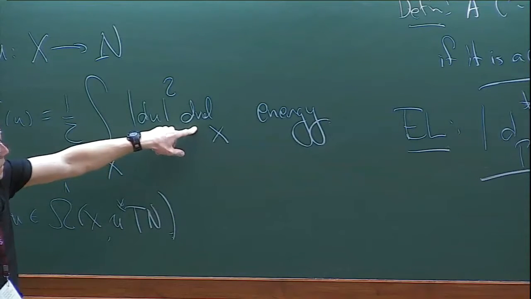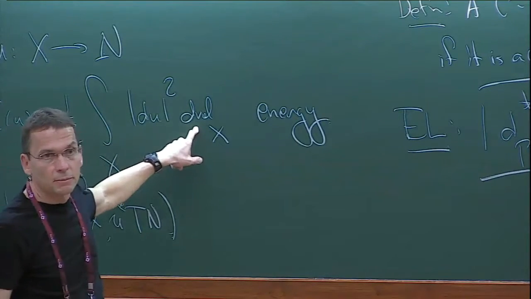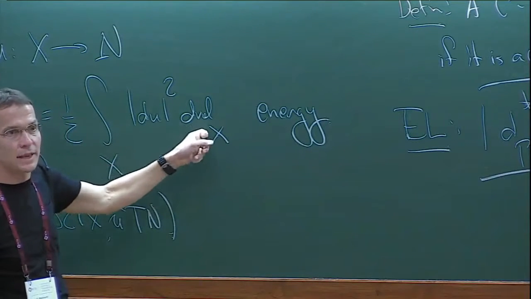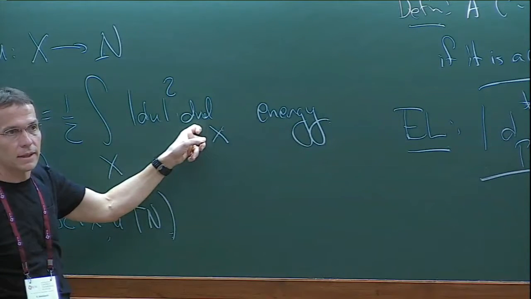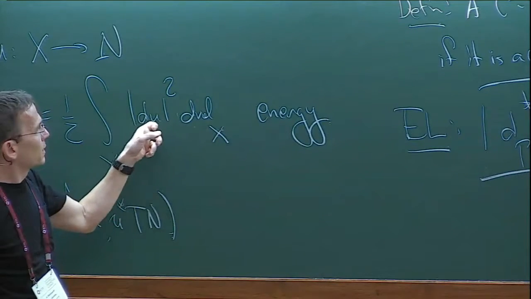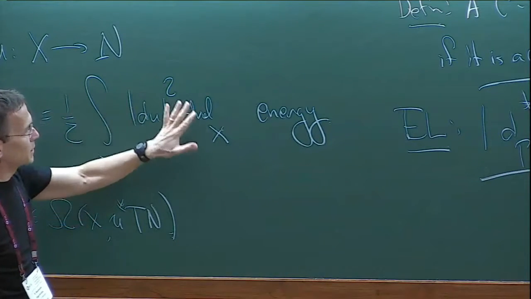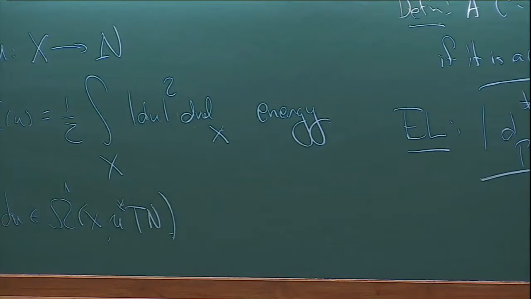So here I'm scaling the metric, and that scales the determinant by the square, but then the volume form is the square root of that. So the volume form scales like the metric scales. On the other hand, I'm contracting by the metric, so that's an inverse metric here. So scaling the metric does not change this integrand, and therefore it doesn't change the energy.